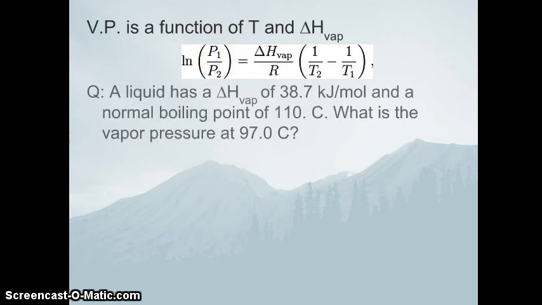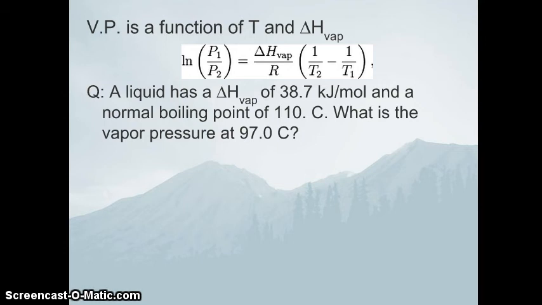The enthalpy of vaporization is usually in kilojoules per mole, and in this case we would use the R value of 8.314 joules per Kelvin mole. So there are our moles, there's our kilojoules, and there's our Kelvin in our temperature scale. And of course, on the left-hand side there are no units, because whatever the pressure units are, they cancel out when we take the ln. No muss, no fuss.